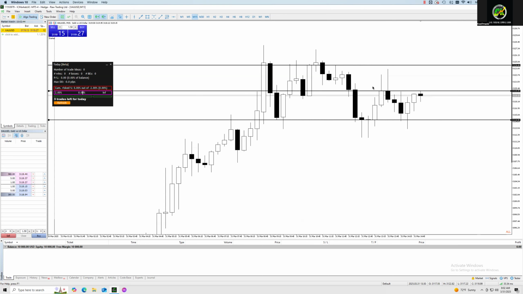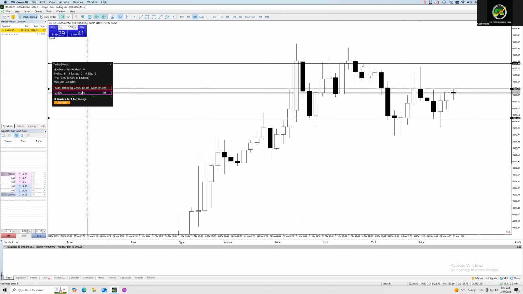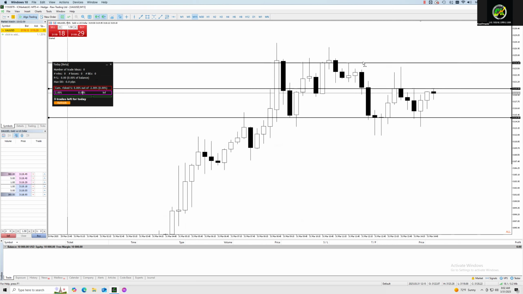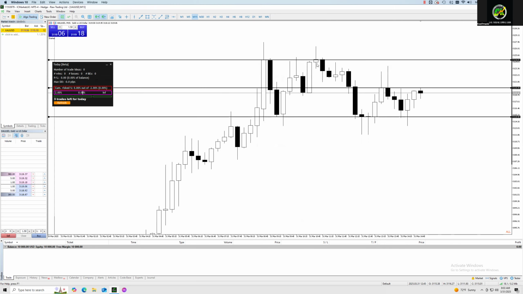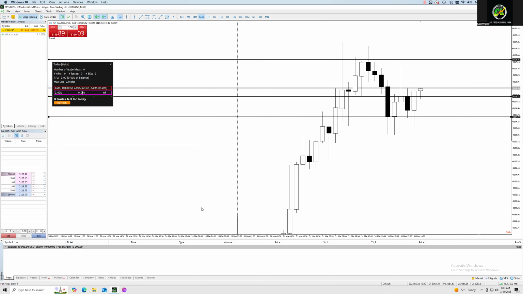But the 15 minutes right now is kind of junky because you have resistance right here and resistance going up in here. So we're going to look to take a trade off the 30 minutes. This looks a little crazy, but we're going to take a trade right here. We broke that.